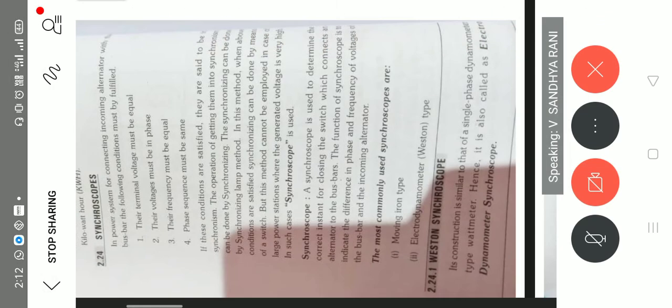We can discuss the Western synchroscope in the next class. Sorry, in the next class we have a test from 3 to 4. For the first unit, I will conduct short questions, 2 marks questions, 5 questions I will give. Write the 5 answers and submit through mail. All of you submit through mail.